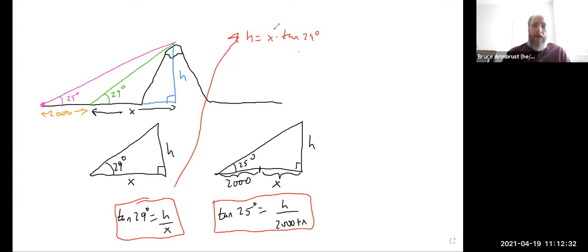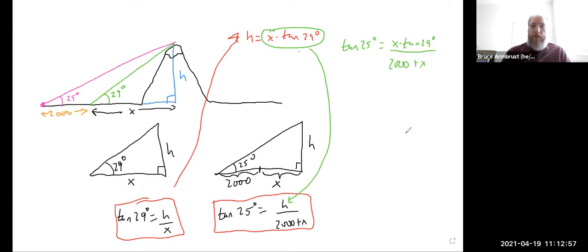And now I can put that in there for h. So this equation is going to look like tangent 25 degrees equals x times tangent of 29 degrees over 2000 plus x. And now that's an equation that's only in terms of x, and we can solve that.